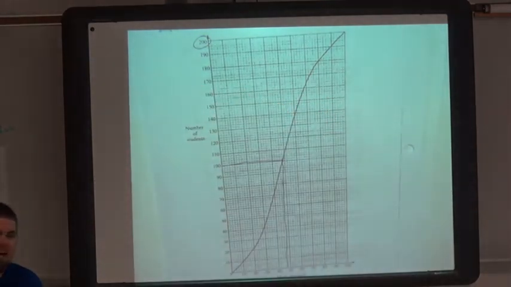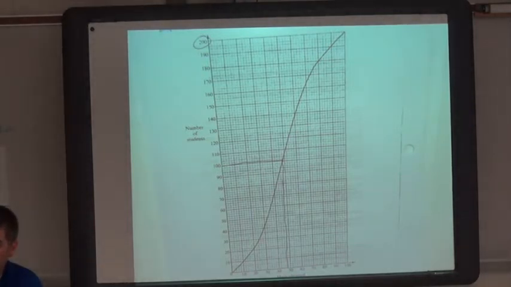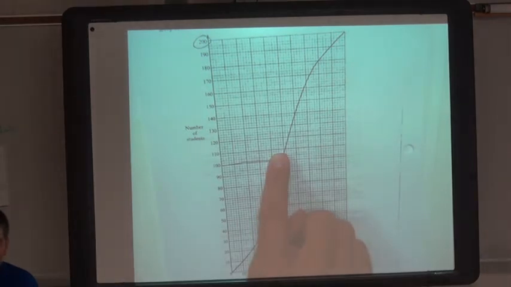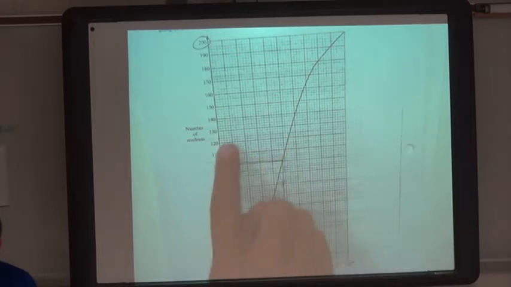Okay. This is a side note I'm just thinking about as I say this. You're going to need to remind me of this. I was told at a meeting a couple months ago that graph paper is different now. This type of graph paper is the way the graph paper has been forever. It's 2 millimeter graph paper, so that every one of these big boxes is a centimeter. See how there's 5 little boxes and then a big box?